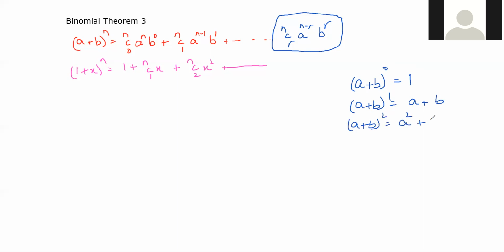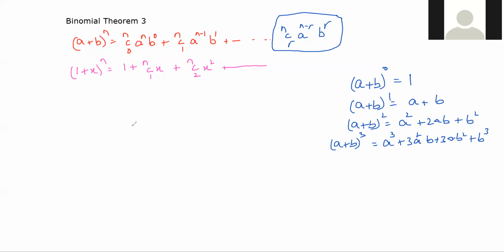This is a square plus 2ab plus b square. If you have (a plus b) whole cube, how many terms will we have? Four terms. This is a cube plus 3a square b plus 3ab square and then plus b cube.